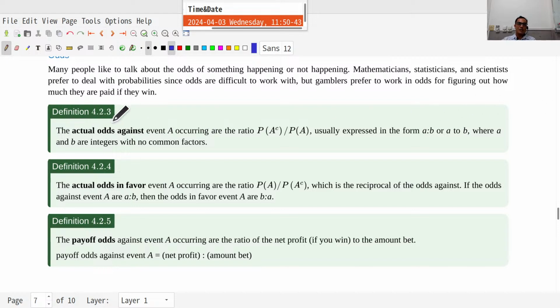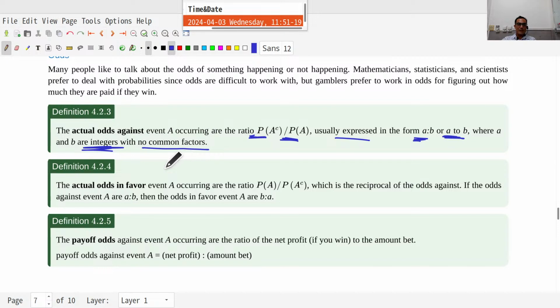The actual odds against event A occurring are the ratio of probability of A complement divided by probability of A, usually expressed in the form of a to b, where a and b are integers, not decimals, integers, okay, with no common factors.